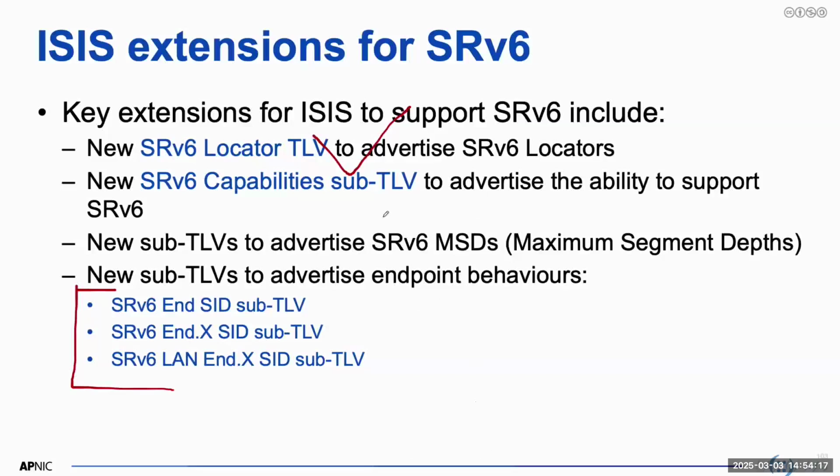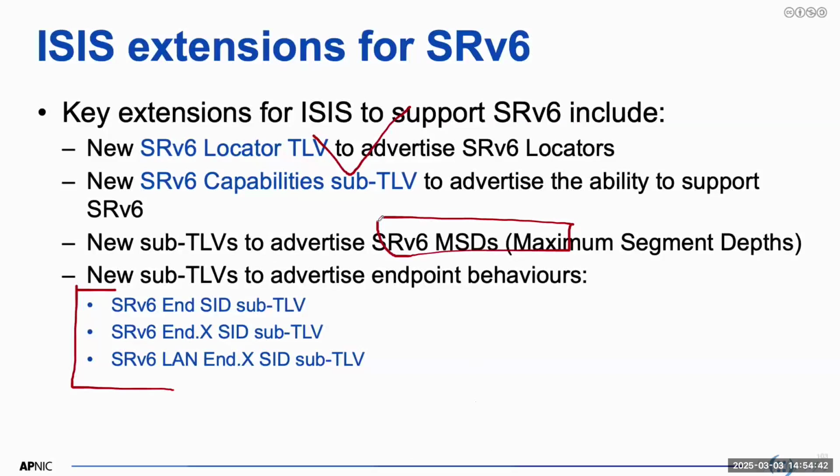We are also able to cover the SRv6 MSD, which is the maximum segment depth, meaning how many segments a node can support. Maybe one node can support only a list of six segments, another can support 10. So each node tells other nodes its capability in terms of maximum segment depth.